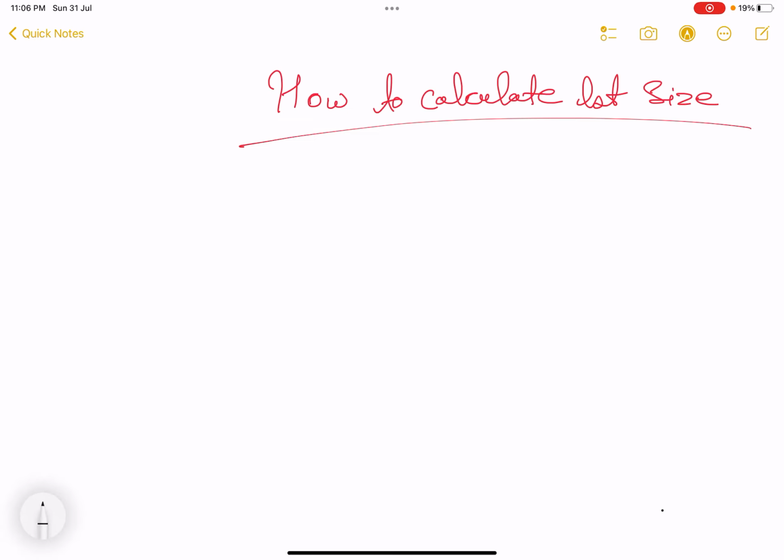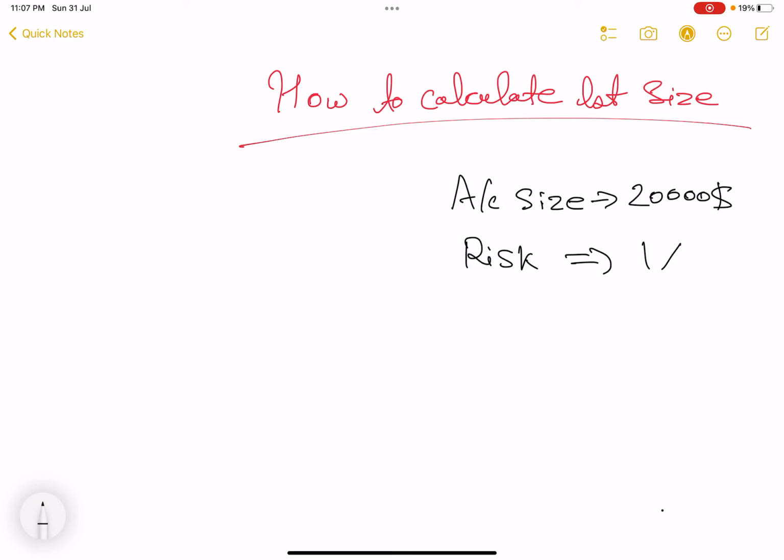Now let's say my account size is $20,000. If I'm risking just 1%, it means my risk is overall $200, right?